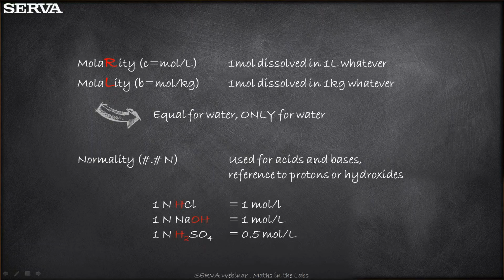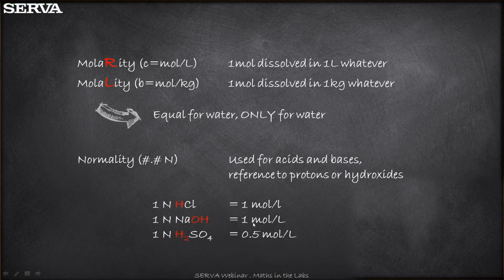For acids and bases, normality is always used, mostly written as a number N. It refers to the number of protons or hydroxide ions. Examples are hydrochloric acid and caustic soda. You just have 1 proton or hydroxide per molecule in both, so 1 normal is the same as 1 molar, and 1 normal of the base is also 1 molar.